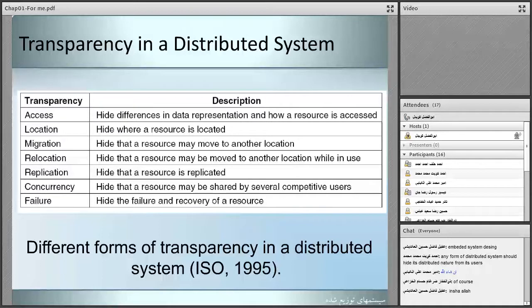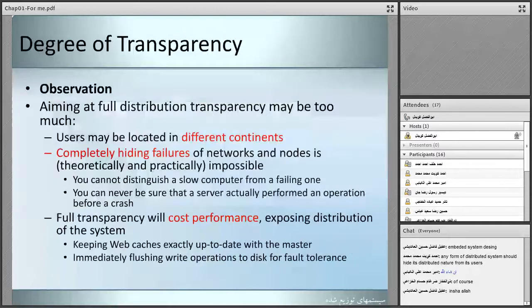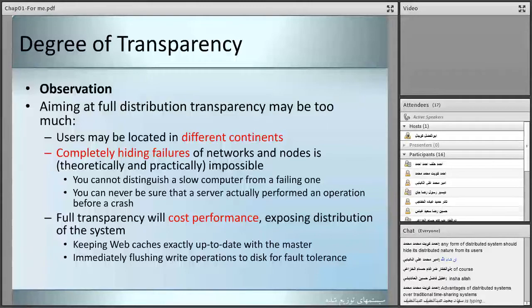Did we talk about degree of transparency last session?